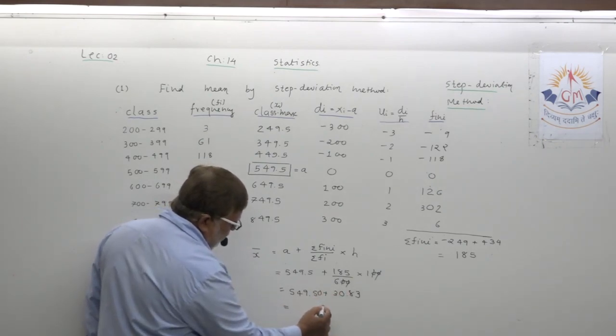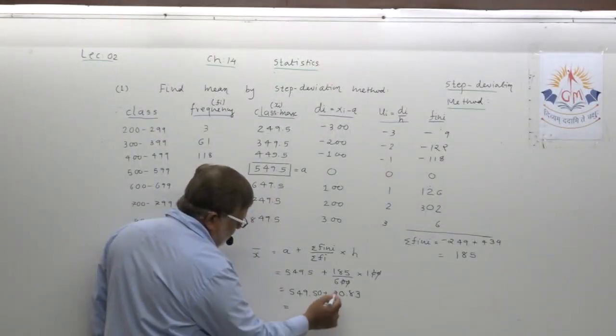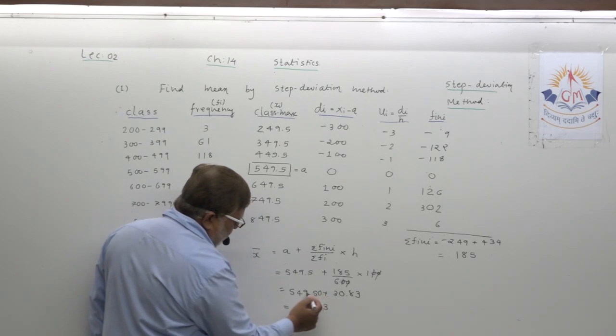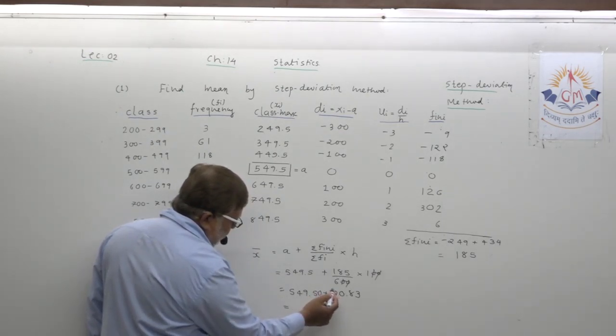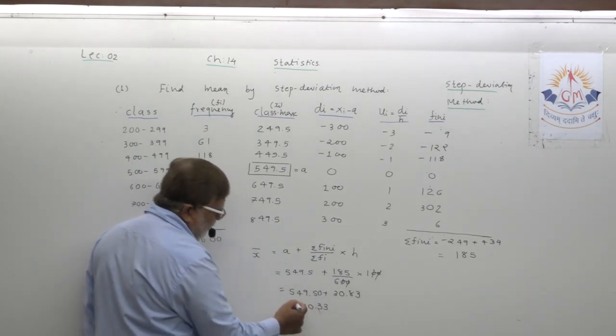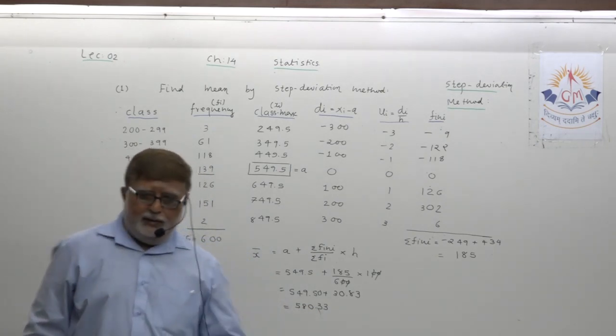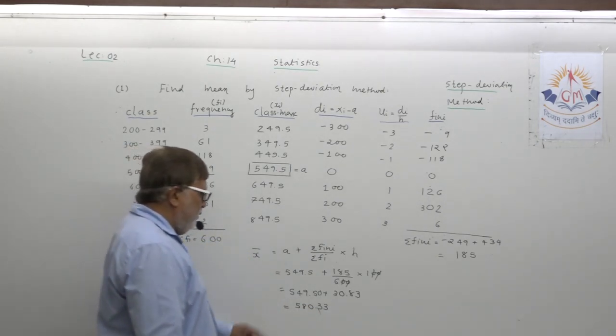Adding it to 549.5, we get 580.33. That is the mean we have got.